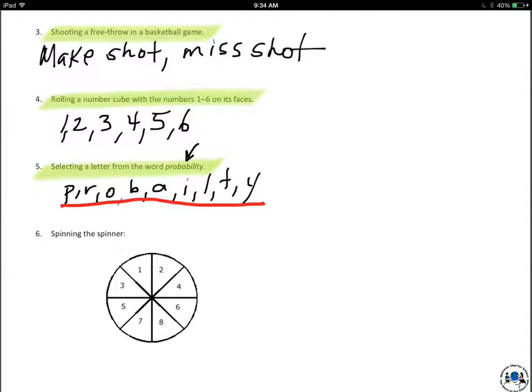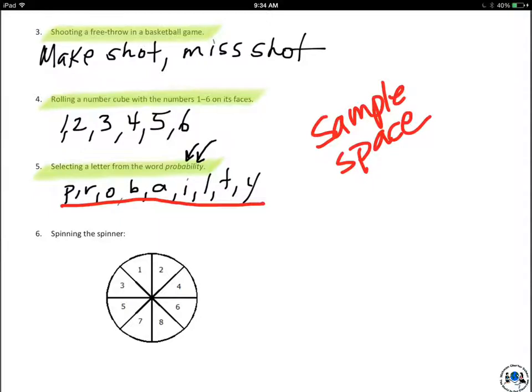We're not going to list that second B in our sample space, and we have a second I, we're not going to list that either, because they go along with these outcomes right here. Now the probability of selecting the B and the I are better than the rest of those letters, indeed, but that doesn't matter, because right now we're just talking sample space, and those are all the possible outcomes.